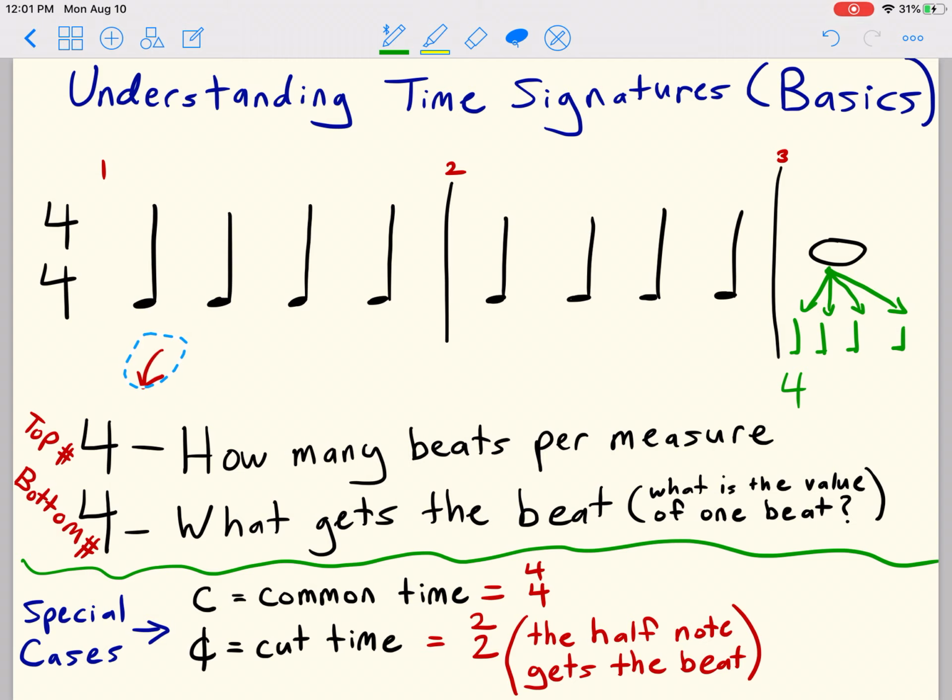The quarter notes are going to get the beat, which means every time I hear that click of the metronome, I'm going to be hearing quarter notes. Each one of these clicks is a quarter note. So the top number tells us that there are going to be 4 beats in each measure, and the bottom number, because it's a 4, tells us we're chopping up a whole note into 4 equal-sized pieces. What does that give us? Quarter notes.